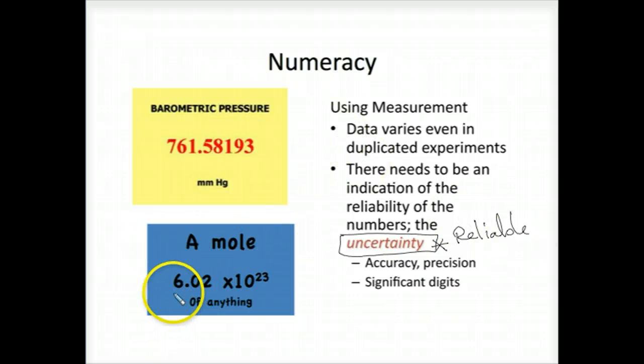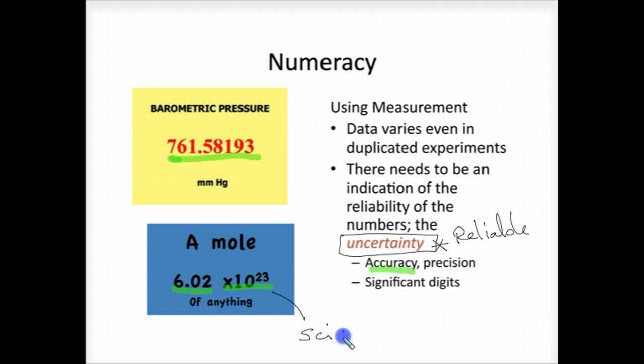When you compare these two numbers here, if you look at the top one, the barometric pressure, it has a lot of numbers, doesn't it? So you get the impression that that's a fairly reliable and really accurate number. The mole, on the other hand, we have 6.02 times 10 to the 23rd. Now remember the times 10 to the 23rd, that's just scientific notation.